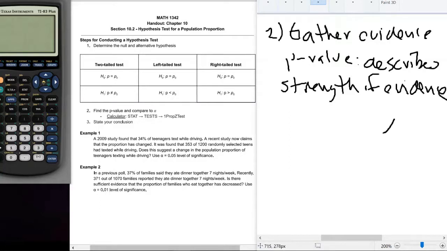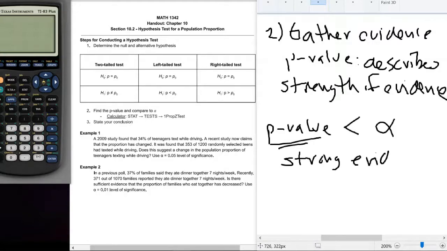So if alpha is the room of error that we're given to make a mistake, we want p-value to be less than the room for error that we're given. Because if alpha is 0.05, and after we conduct our test it tells us we have that probability of making a mistake, and if it's less than the room that we're given, this is considered strong evidence against the old claim, okay?